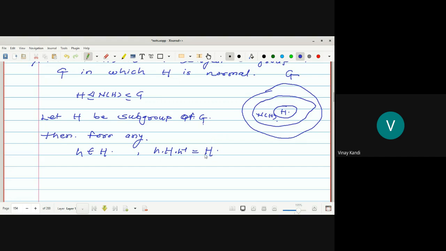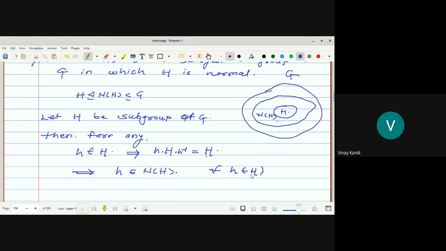So for any subgroup H of G, any element small h belongs to capital H, this condition holds: h capital H h inverse is equal to capital H. So this implies this small h is an element of the normalizer of H. Okay, the condition is satisfied. That means this h belongs to the normalizer of H for all small h belongs to capital H.